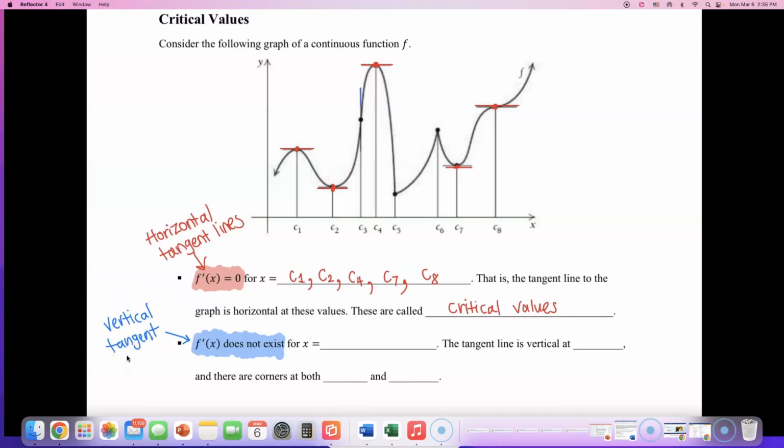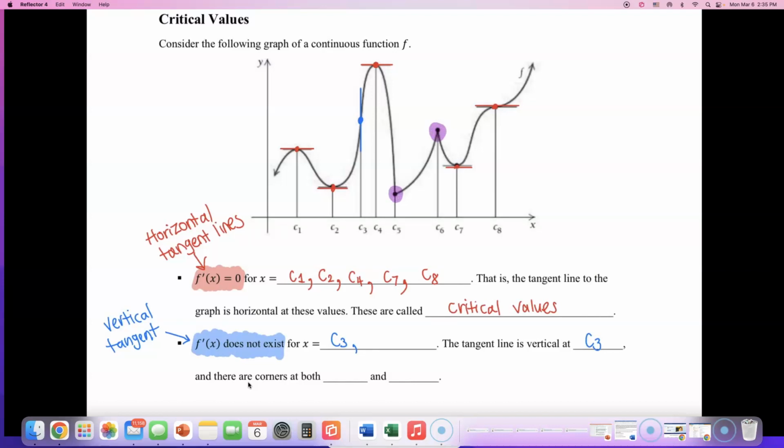Well, I see a vertical tangent sketched right here for C3. Is there any other? No, actually that's it. So f prime of x does not exist for x equals c3. The tangent line is vertical at x equals c3. And there are sharp corners. Where are they? Let's go find some. At c6, see there's a very sharp corner, and c5, right?